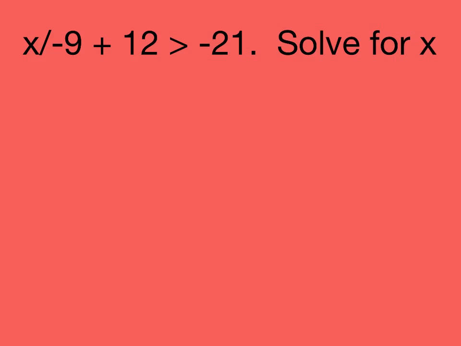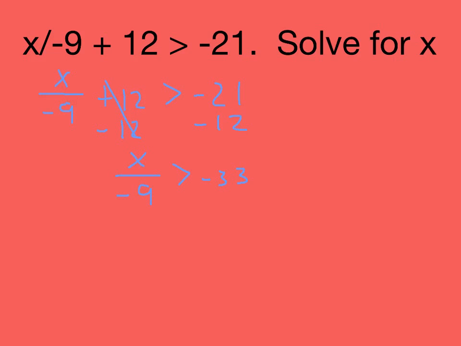In this question, we have x divided by -9 plus 12 is greater than -21. Solve for x. Again, getting rid of that constant, using the inverse operation of subtraction. X divided by -9 is greater than -33.